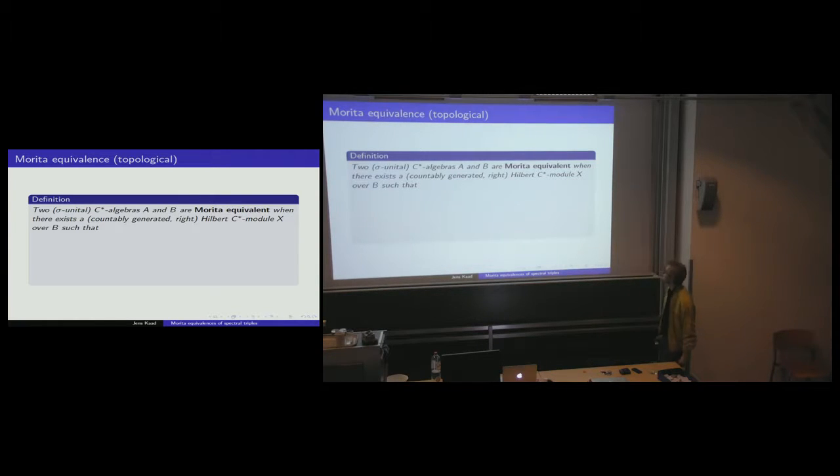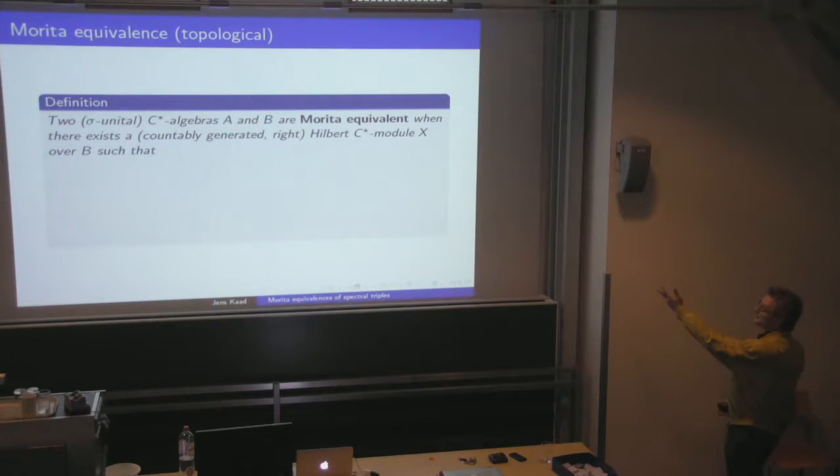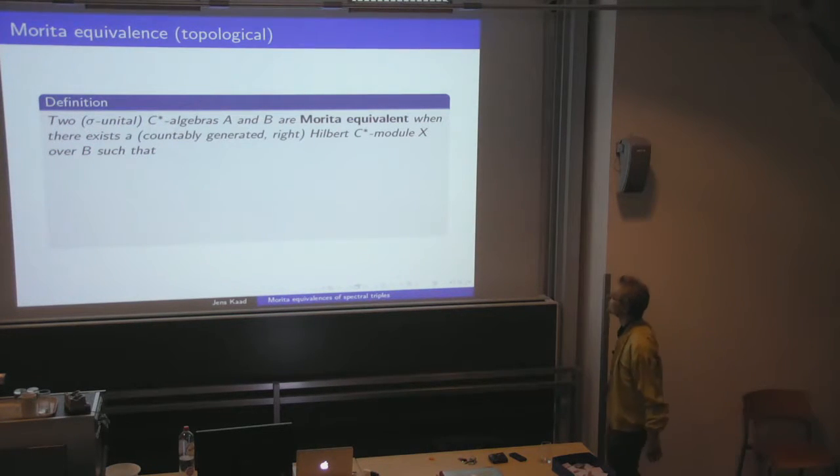So here's the definition. Two sigma unital C-star algebras A and B are going to be Morita equivalent when you have this Hilbert C-star module X. So it's like a Hilbert space, but the inner product takes values in B, in a C-star algebra. Okay, so it's a Hilbert C-star module over B, and then there are conditions.